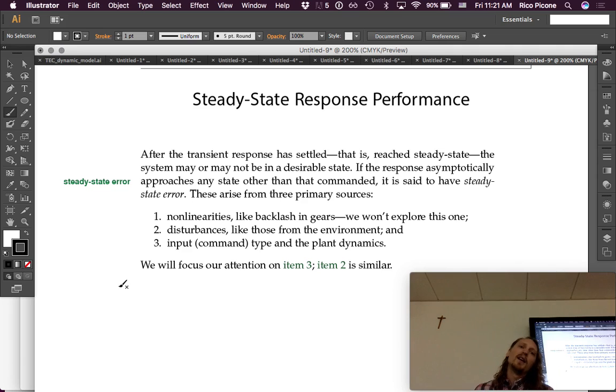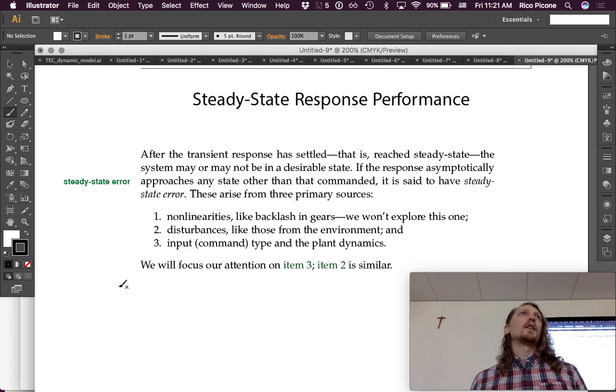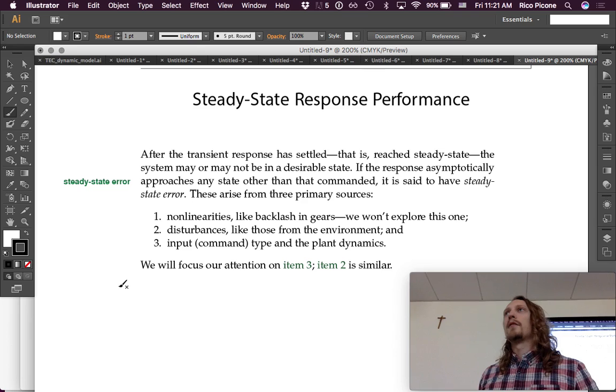That sort of disturbance can be an issue. It could bump it off and it might not return. And finally, the input or command type and the plant dynamics also have effects on the steady state error.